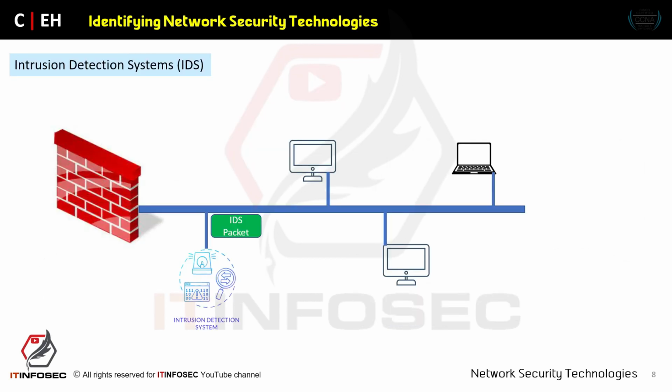Another security technology in networks is intrusion detection systems, or IDS. IDS is a device or software, just a sensor, that identifies the packets going through the network.